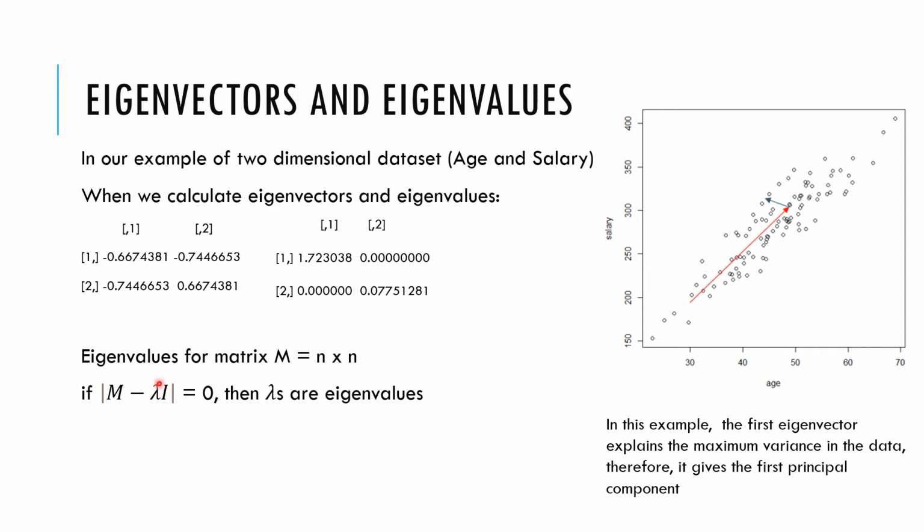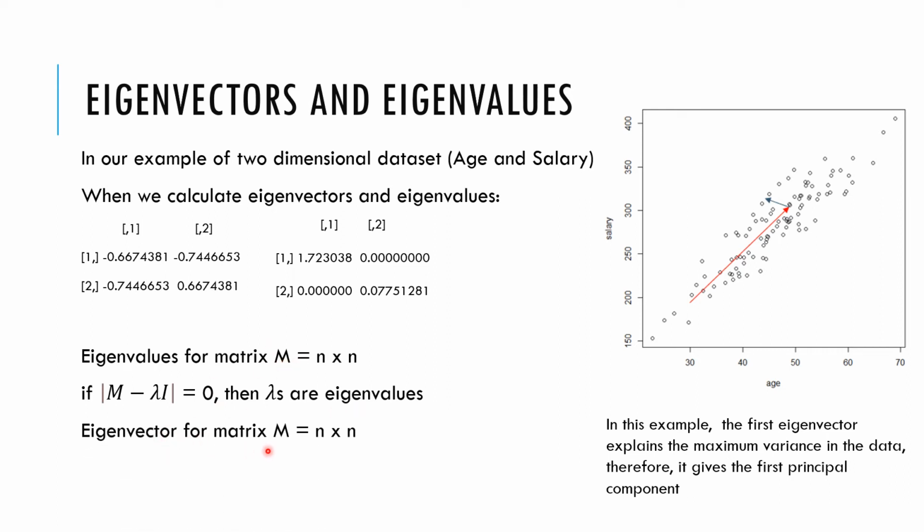And this will get multiplied by all the diagonal values, which is 1. And this sign is for determinant. So if you take this matrix and subtract this value from here, and then you calculate the determinant of this, if it equals 0, that means lambdas are eigenvalues of this matrix M.